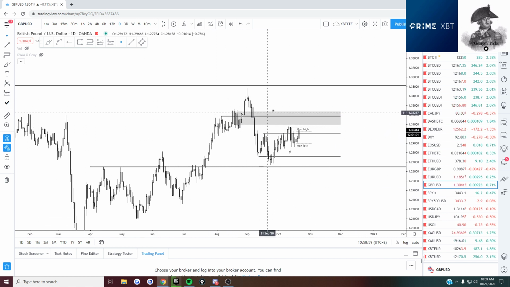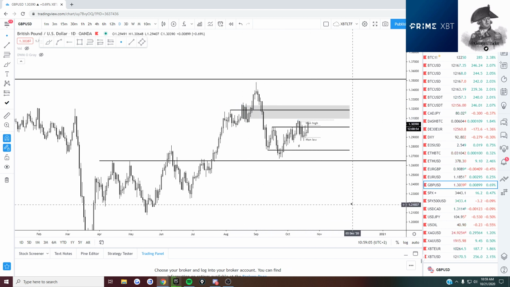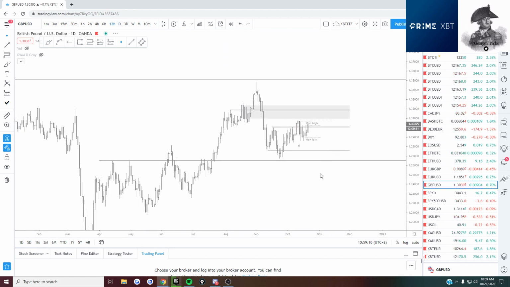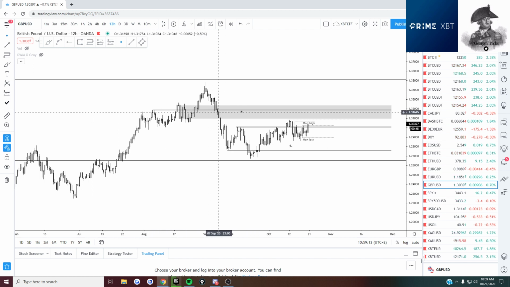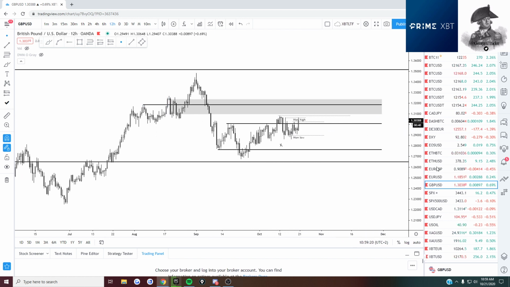And then I just marked this gray area, whatever you want to call it, breaker demand, breaker supply, sorry, or something like that. But it's just a confluence of different levels where price traded sideways. So I'm expecting it to be resistance if we test it from the downside.